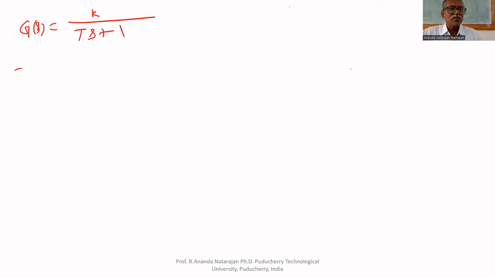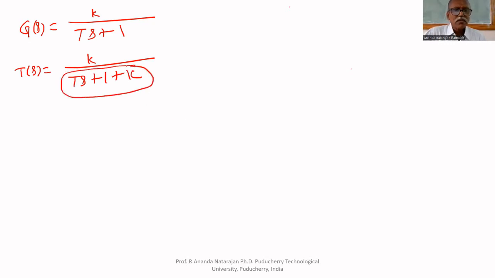What is the closed loop transfer function? K upon tau S plus 1 plus K. For a closed loop system to be stable, the poles of this denominator polynomial should not be on the right hand side. Am I correct or not?